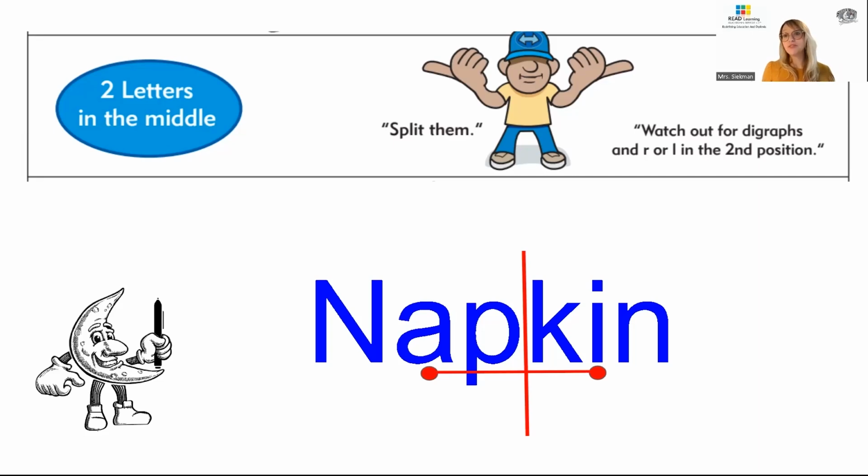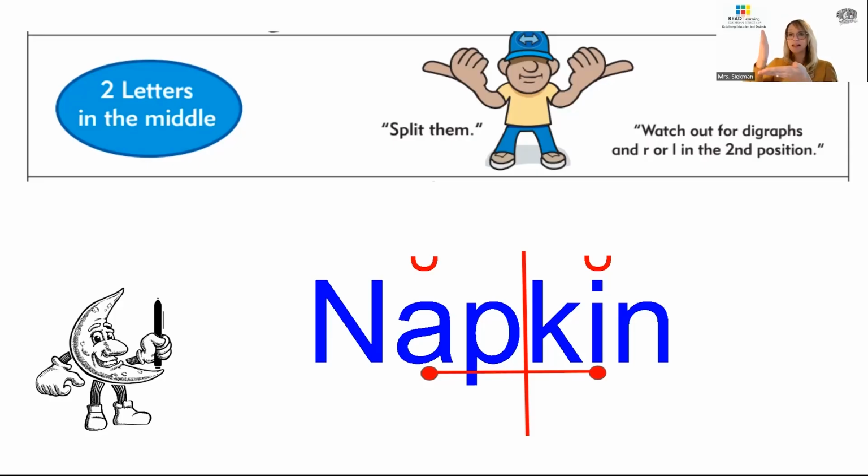From here, students should be able to notice that we have our vowels closed off in both syllables and can mark their vowels accordingly, marking the A short and the I short. Both are closed syllables. Our final step is to tap out and read the word syllable by syllable.